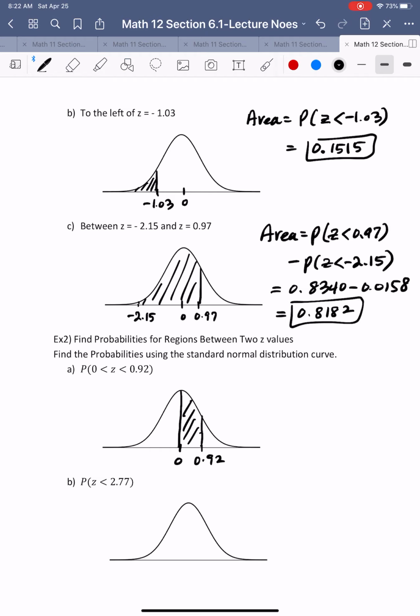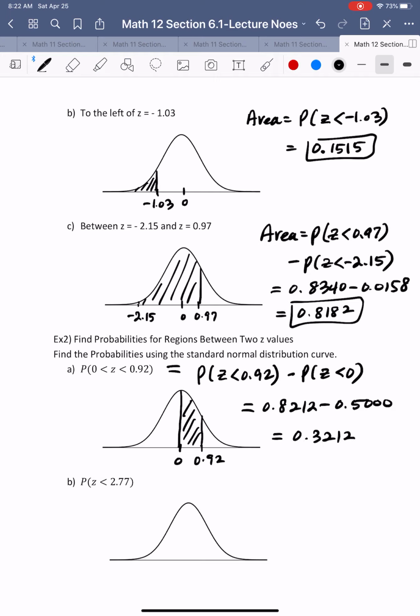You can say the area is equal to P(z < 0.92) minus P(z < 0), which gives you 0.8212 minus 0.5000, and then you get 0.3212.